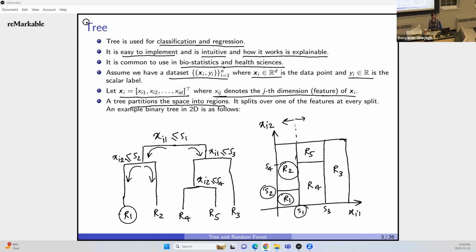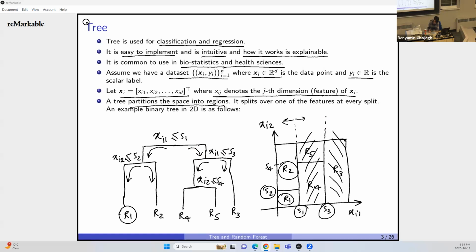Now let's traverse the tree the other way around. Here, xi1 is greater than S1. Again, I can have a condition on xi1 here. Is it less than or equal to S3 or not? If yes, I'm in this region. Otherwise, I'm here.